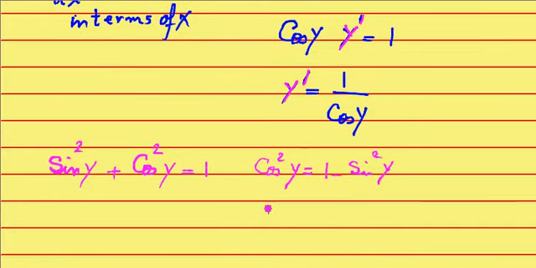And if I want the cosine of y itself, now here's a problem. I have two choices, plus or minus the square root of 1 minus sine squared of y. Now comes a technicality to help us choose which of these two signs is going to be picked.